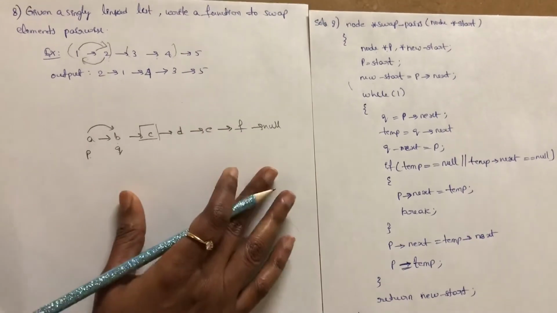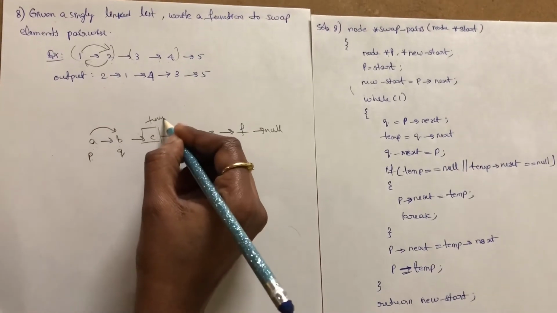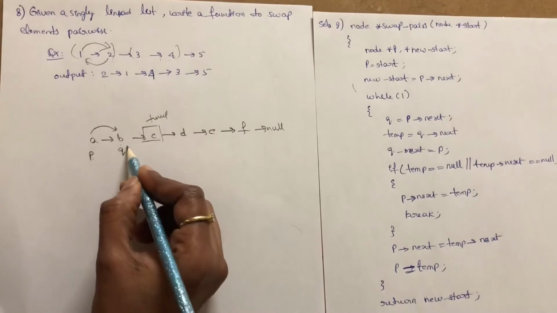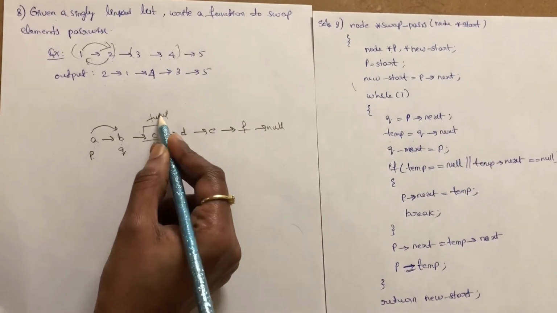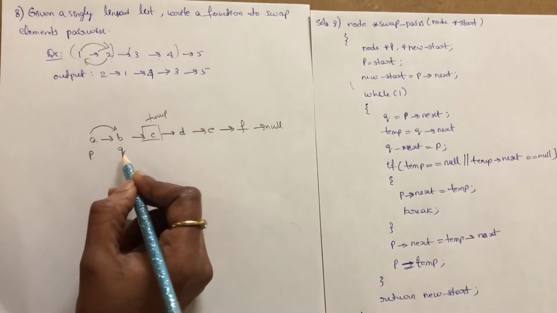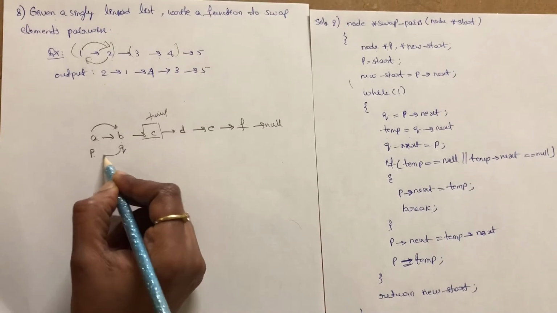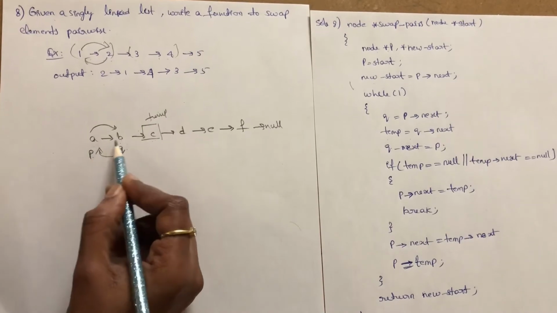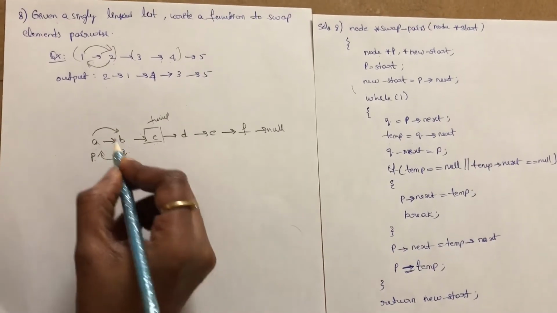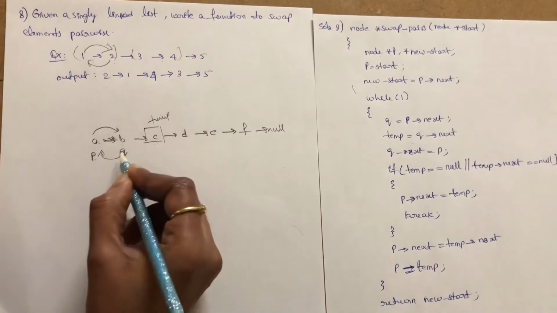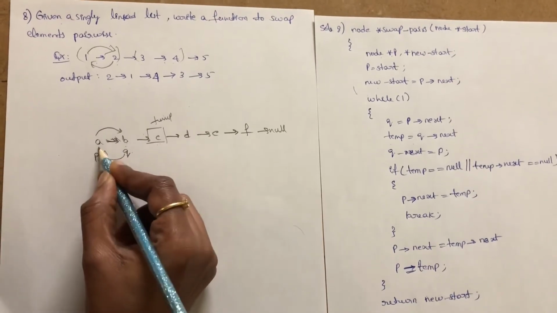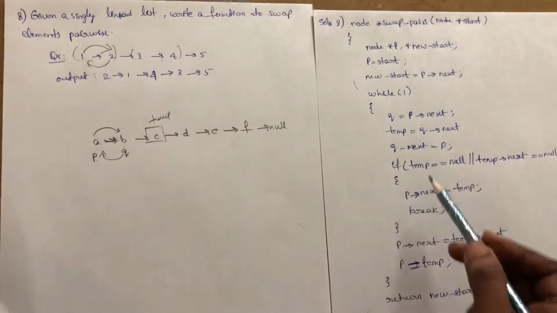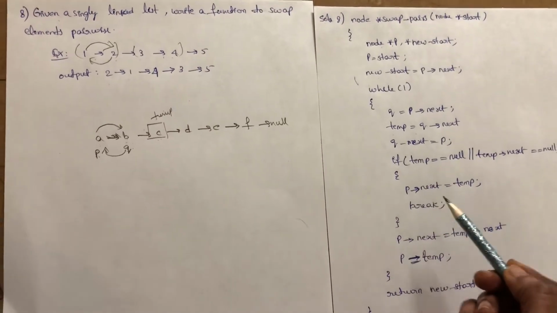So we have to take a temporary variable to store this node, and we store the temporary node as q's next, that means c. We are saving it. Then we point q's next to p. So now q's next is p, that means this link is broken. Now q's next is equal to a, and c is the temporary variable. This is the breaking condition. We will check it later.